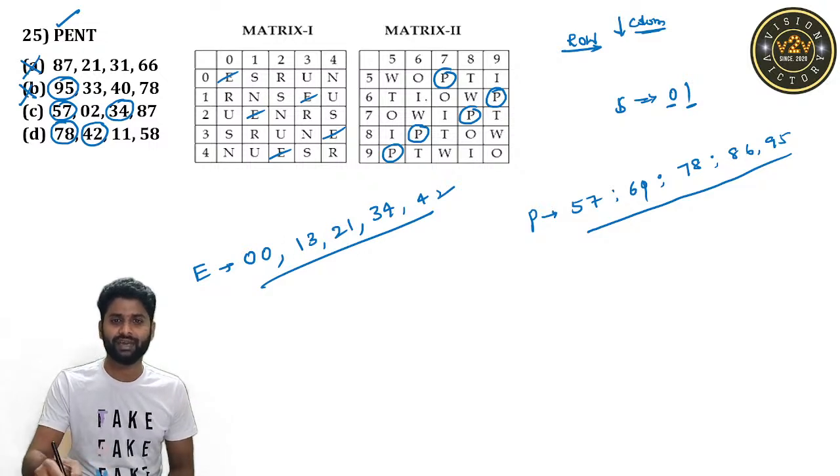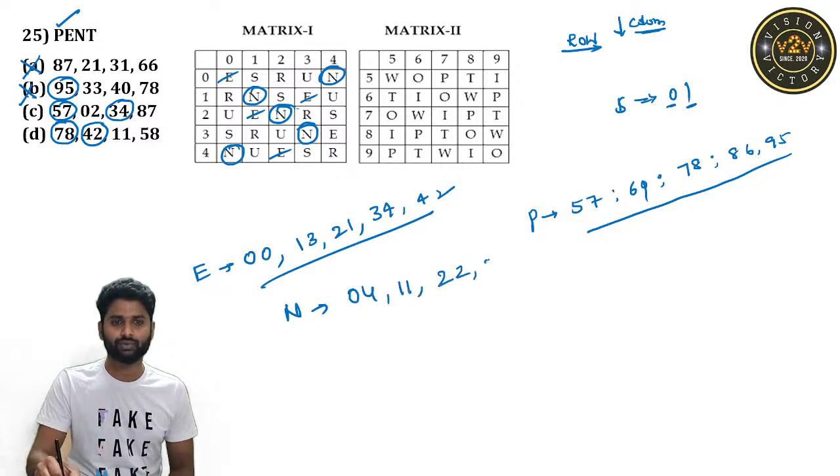Next one, let's go for N. N here, N here, N here, N here, and N here. Suitable numbers for N: 0, 4, 1, 1, 2, 2, 3, 3, 4, 0.